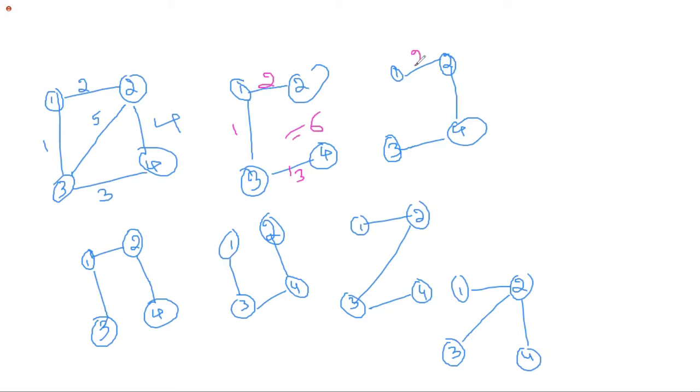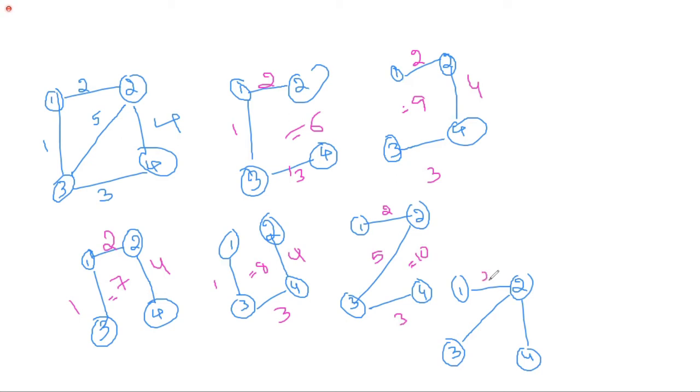Here, if I write 2, 4, 3, what is the cost? 2 plus 4 is 6, 6 plus 3 is 9. If I write 2, 1, 4, it is 7. If I write 1, 4, and 3, we get 8. Next, 2, 5, 3 is equal to 10.